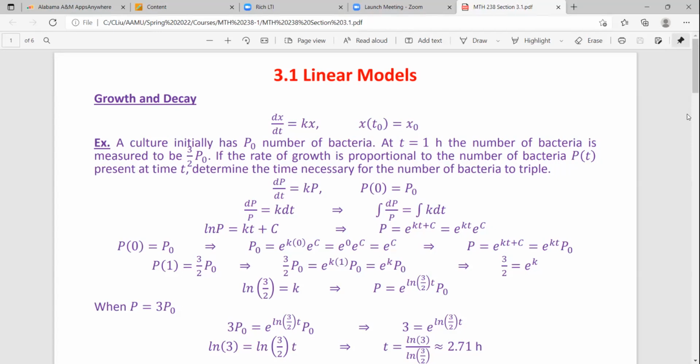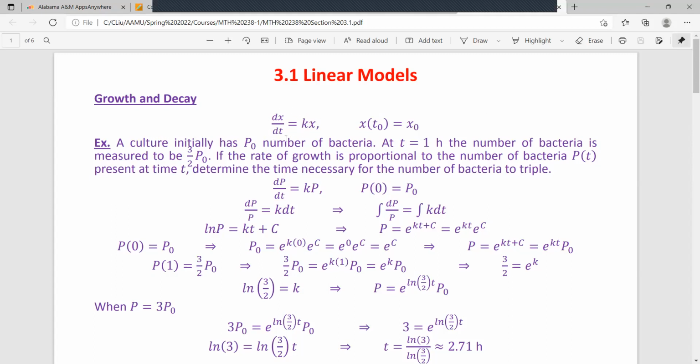When we talk about growth and decay, we have growth of population, for example, and decay of some isotopes, like carbon-14. All of those phenomena can be modeled by the linear differential equation dx over dt equals kx.